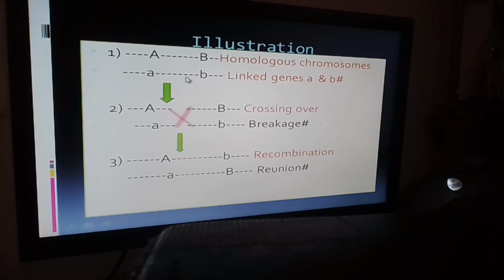But if they happen to be in dominant and recessive form, the gametes resulting from their reunion may possibly show some difference in the coming individual. So accordingly, you can have an understanding of these terminologies: linkage, crossing over, the result of which will be recombination.